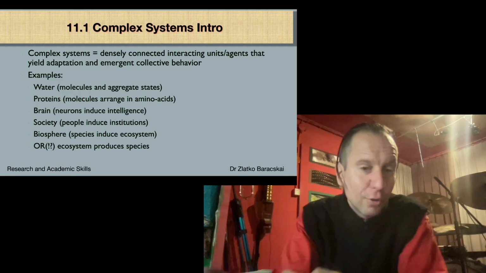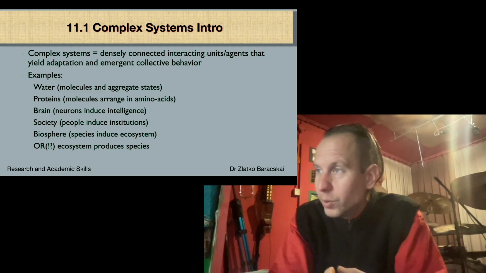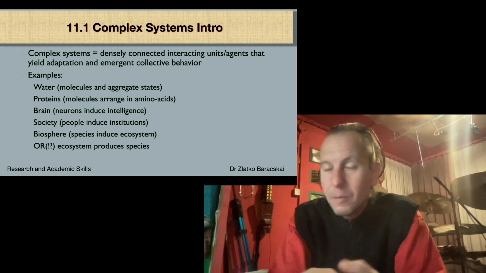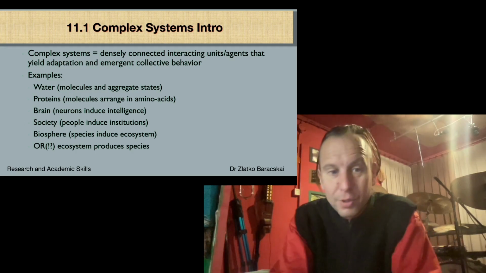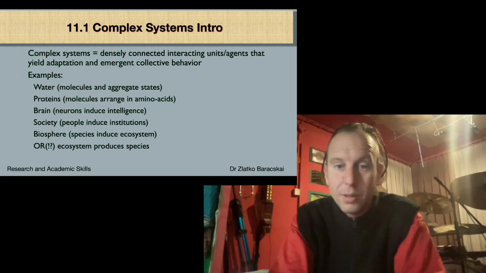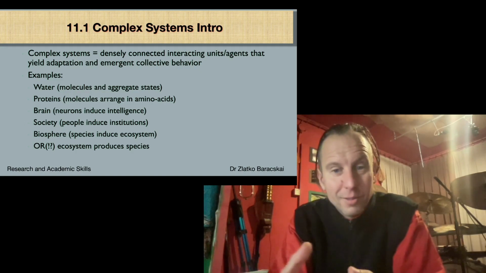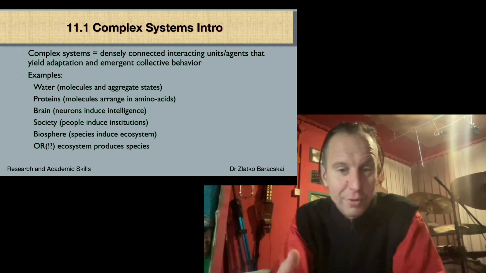Okay, so it's interesting also to think, typically from a human point of view, people make up the society, but actually you could also argue that society brings about humans, individuals. In fact, society is going to outlive each and every individual.